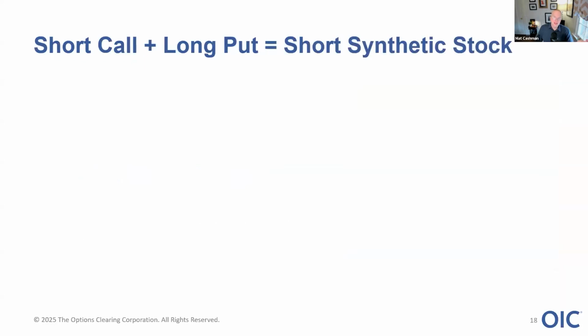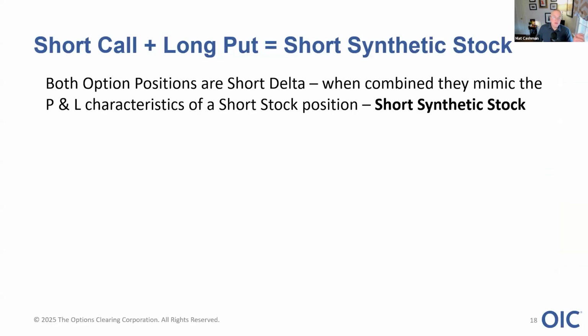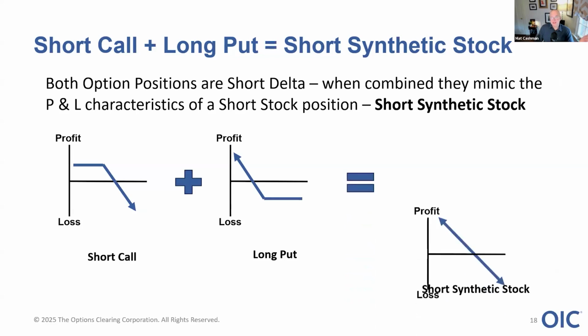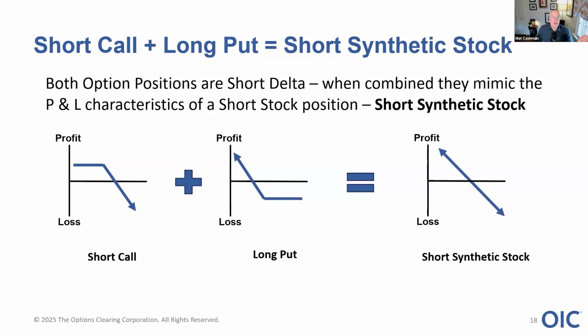As you might imagine, short calls and long puts equal short synthetic stock, just like the other side equaled long synthetic stock. That looks an awful lot like a short stock position from a P&L perspective, and that's why we call it short synthetic stock, because that's basically what it is.